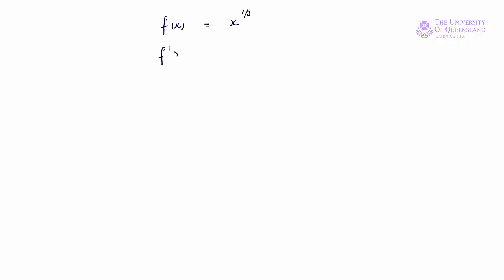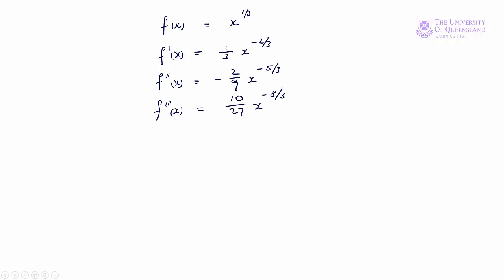First derivative, f prime of x, will equal 1/3 x to the minus 2/3. The second derivative will be minus 2 on 9 times x to the minus 5 on 3. And the third derivative will be 10 on 27 times x to the minus 8 on 3.